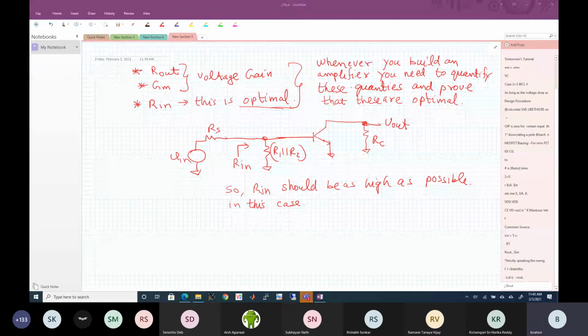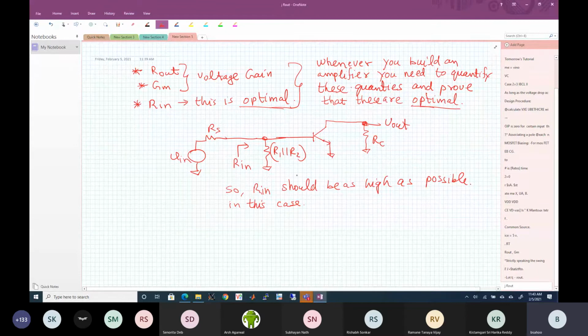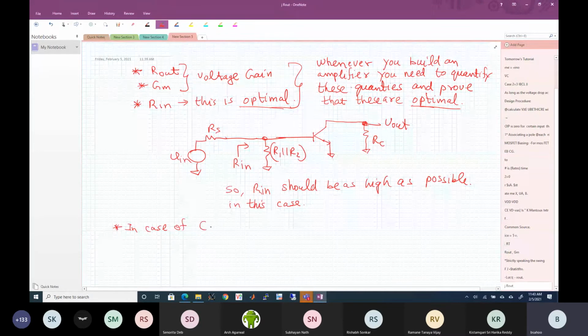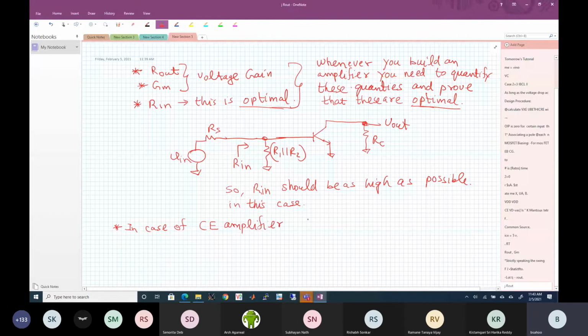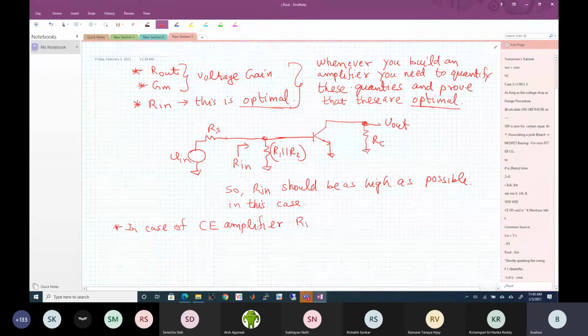Whenever you build an amplifier, you need to quantify these quantities and prove that these are optimal. But in this topology, in case of the common emitter amplifier, Rin should be as high as possible, and in other topologies, as we go along, it will differ. Now, we have done it for a common emitter.